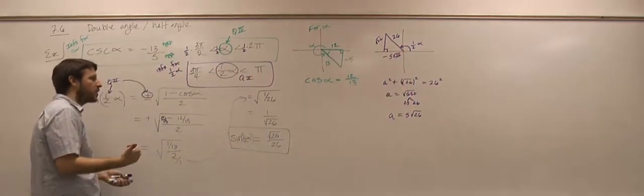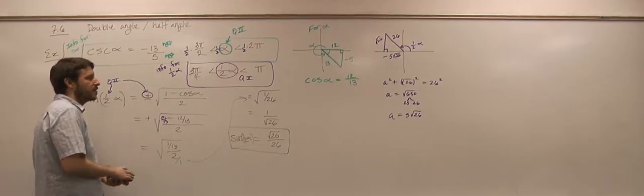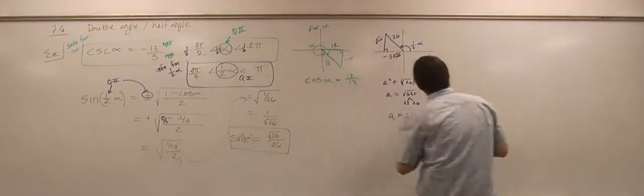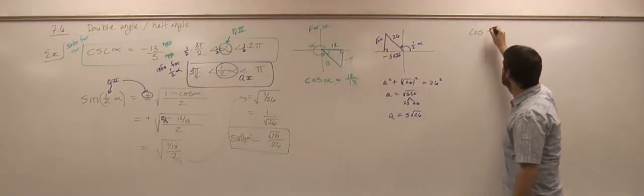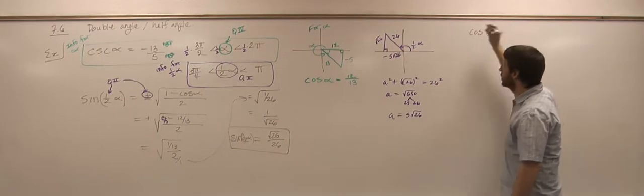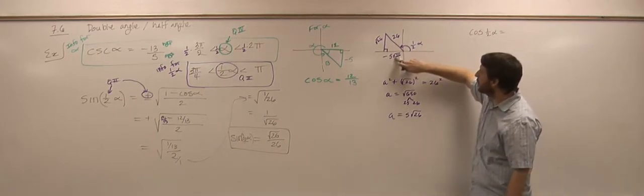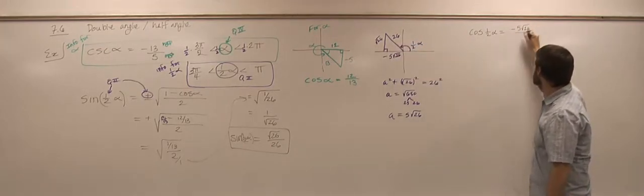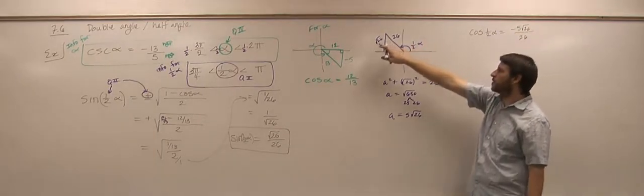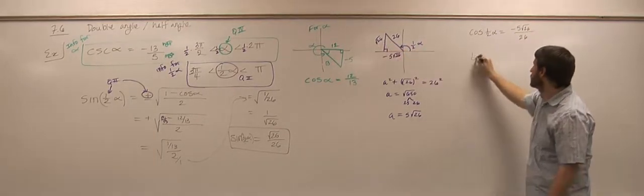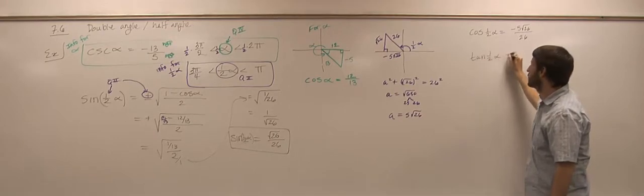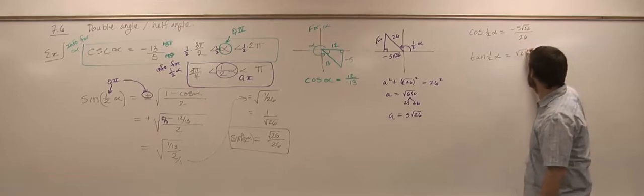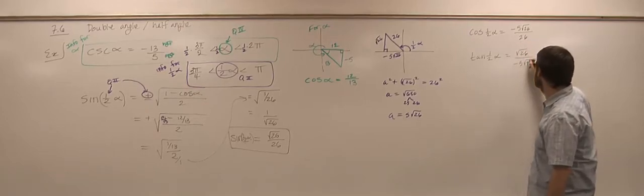So then you can read off both cos 1/2 alpha and tan 1/2 alpha. Cos 1/2 alpha will equal adjacent over hypotenuse, so negative 5 root 26 over 26. And tan 1/2 alpha will equal opposite over adjacent. Root 26 is opposite, adjacent is negative 5 root 26.